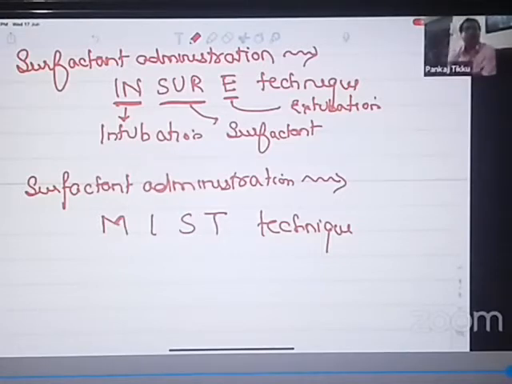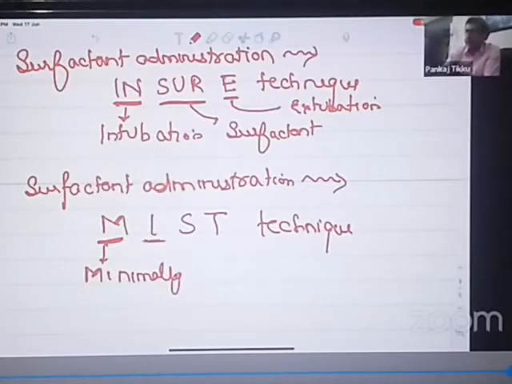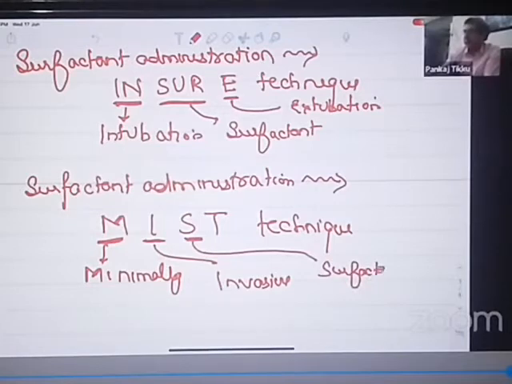So we are teaching in MIST, you are studying in MIST. So this technique is known as the MIST technique. What is the MIST technique? Minimally invasive surfactant therapy.